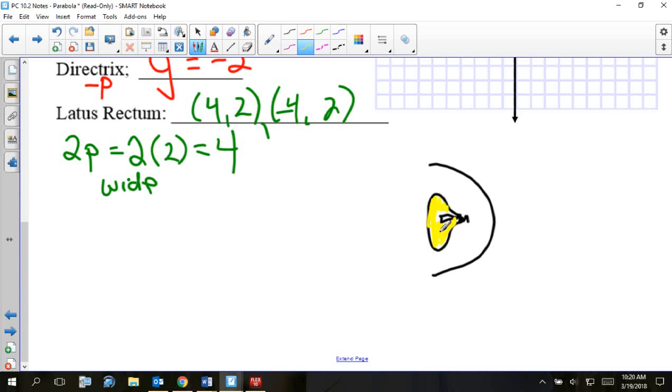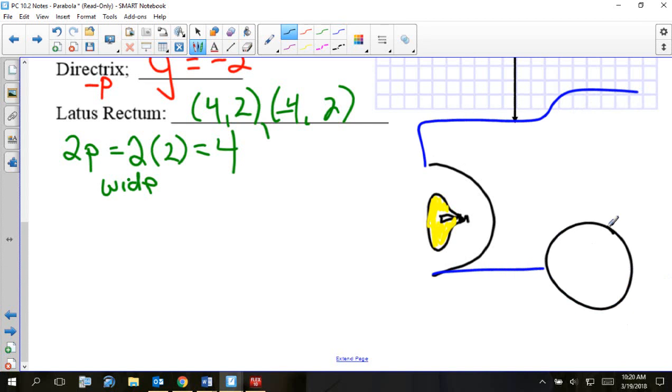Can you tell what I'm drawing? Yeah, it is a headlight. So here's my old blue car. I don't drive it anymore, but that's my old blue car there. So the parabolic reflector. When you just turn on a light, it goes wherever.